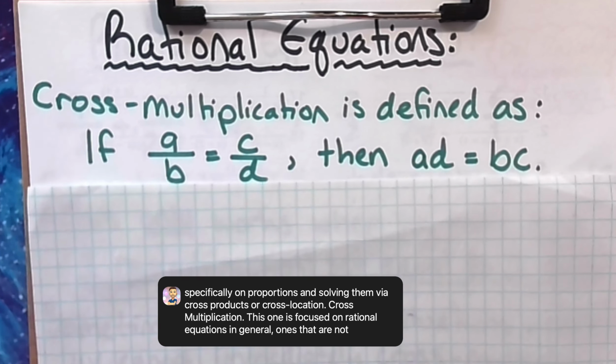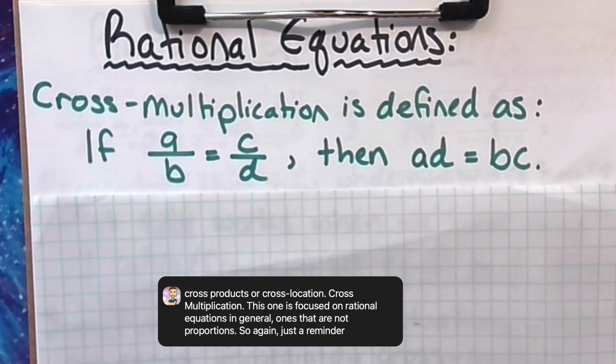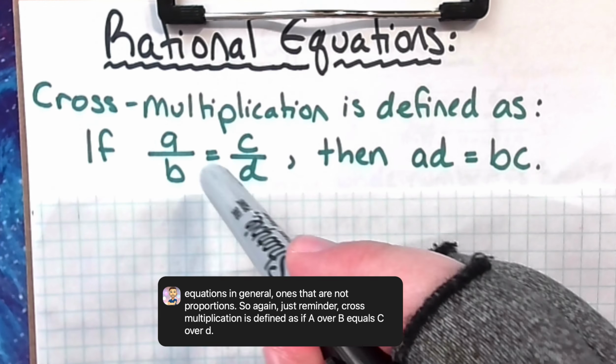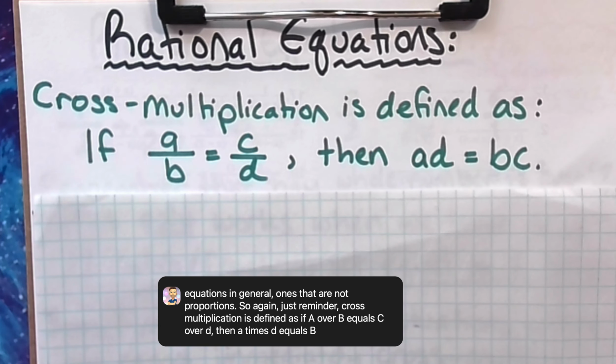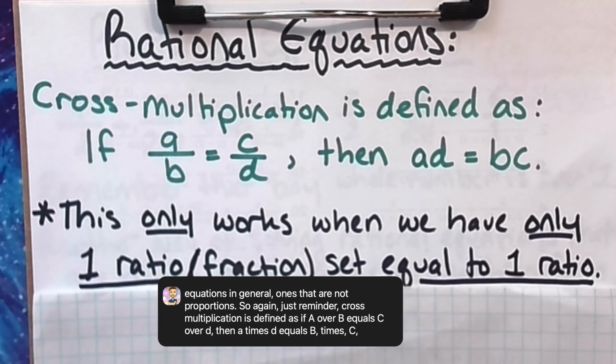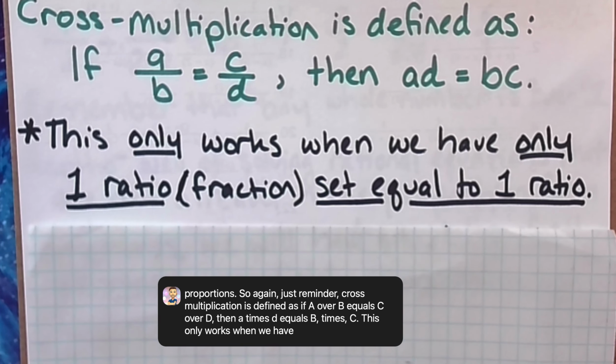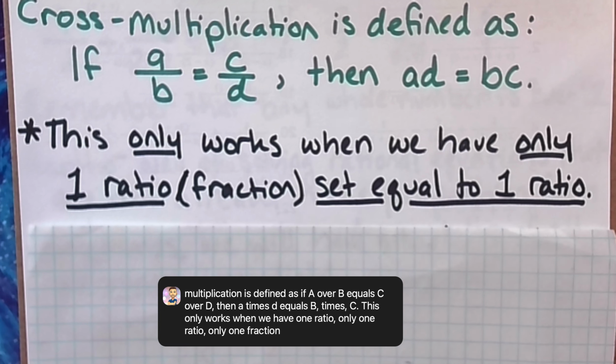Again, just a reminder, cross multiplication is defined as: if A over B equals C over D, then A times D equals B times C. This only works when we have only one fraction set equal to only one fraction.